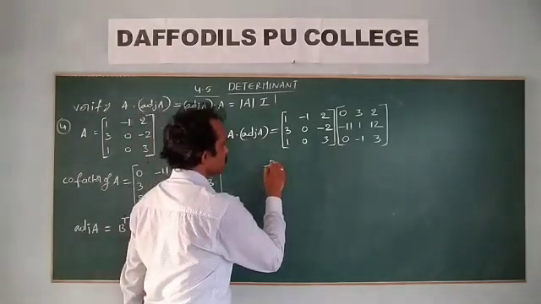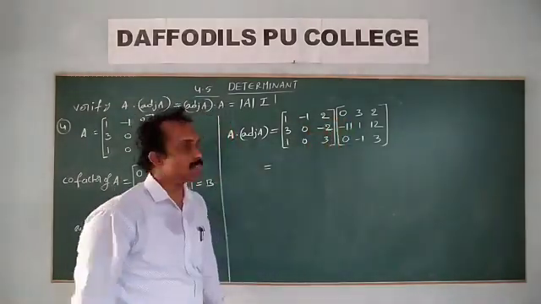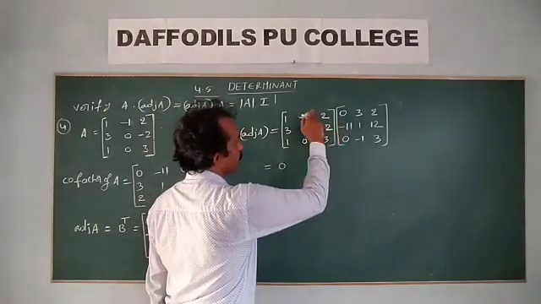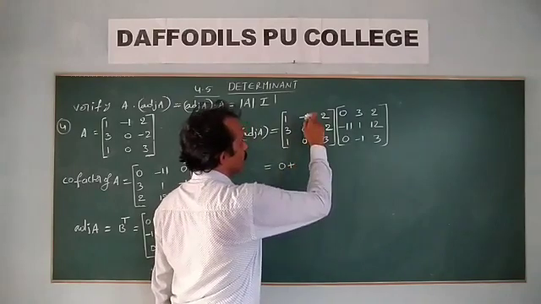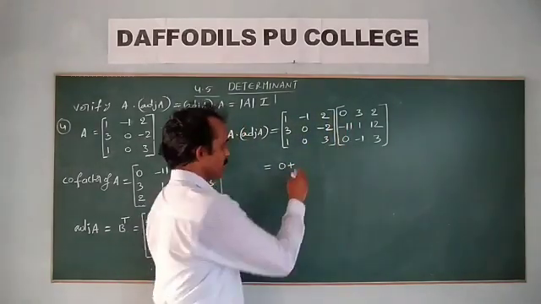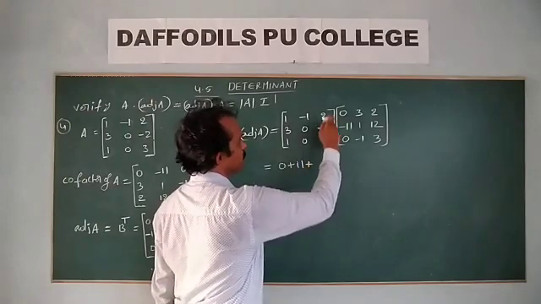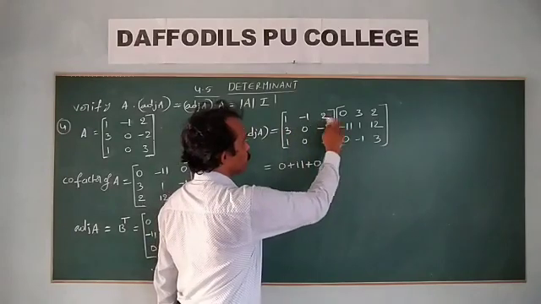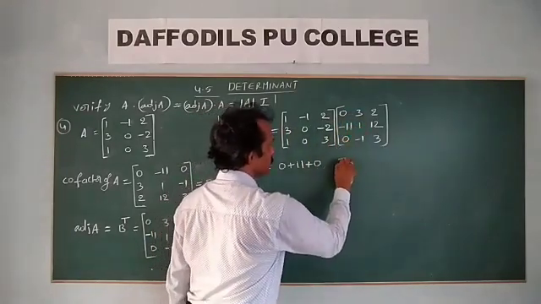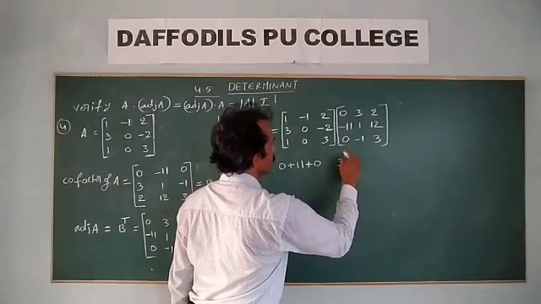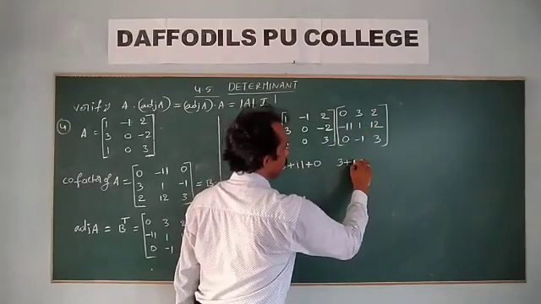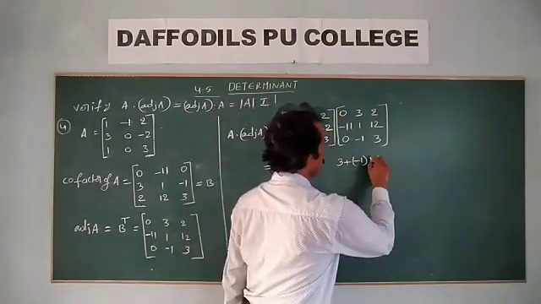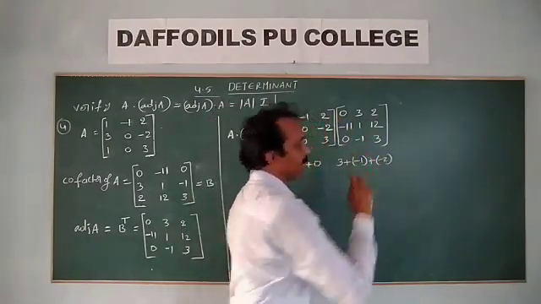Multiply. First row, first column: 1 into 0, 0, plus minus 1 into minus 11, plus 11, plus 2 into 0, 0. First element complete. First row, second column: 1 into 3, 3, plus minus 1 into 1, minus 1, plus 2 into minus 1, minus 2.